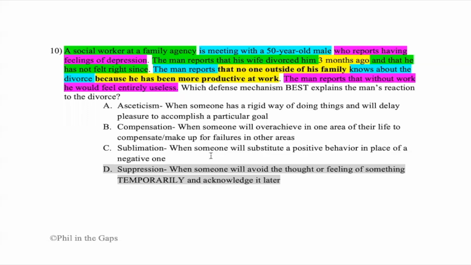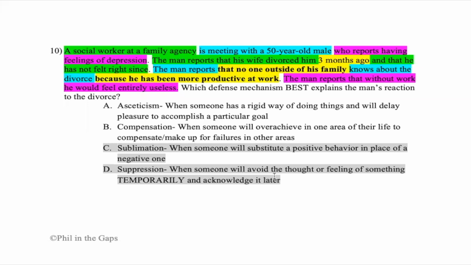We're also going to rule out C. Why? Because nowhere does it state that he had a negative behavior that he was doing after the divorce in any way, shape, or form. It just states that he started coping by working more while trying to cover the fact that he got a divorce 3 months ago.